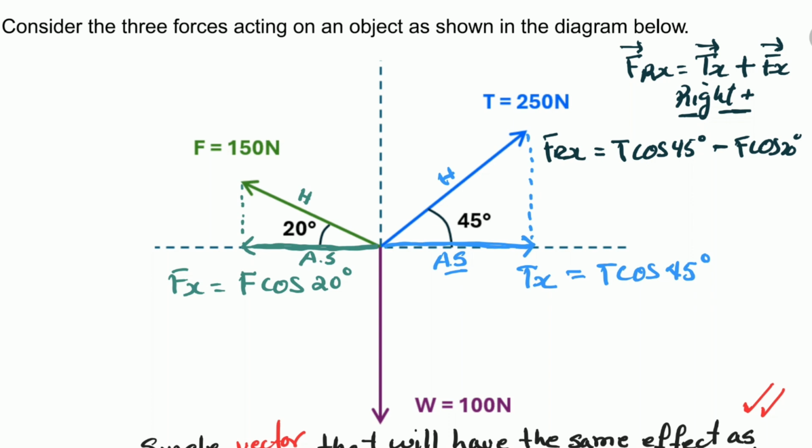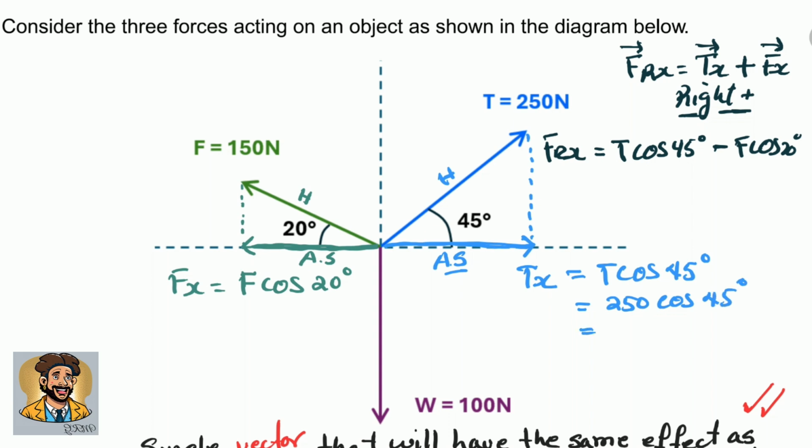Alternatively, you can do the calculation separately. If you want, you calculate T in X, which is just here. This will be 250 multiplied by the cosine of 45 degrees, the answer is 176.777. Let's round off to 3 decimal places.